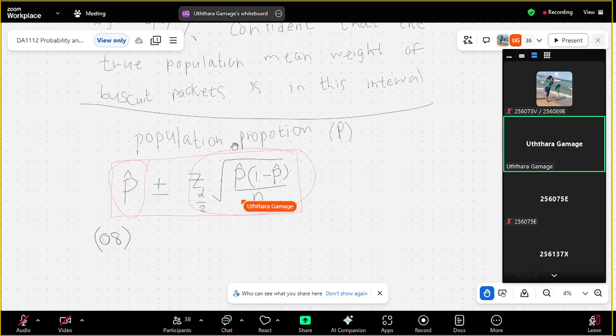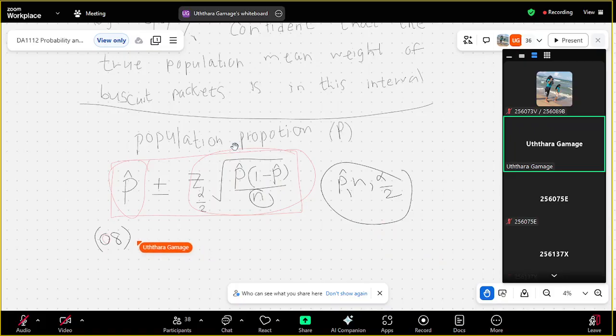In order to use this formula, you have to know the P hat, the sample proportion, and you have to know the N, the sample size. And you have to know the alpha value, the confidence level value, right? Those things you have to know before using this formula, right?